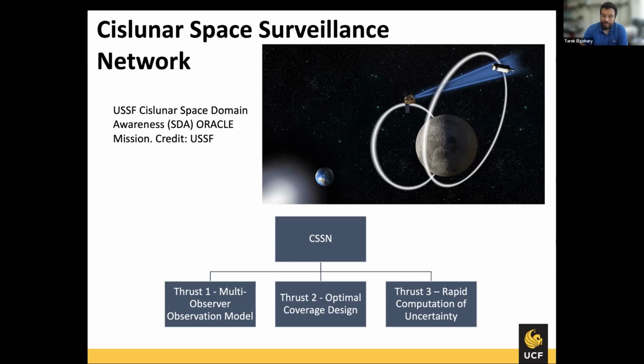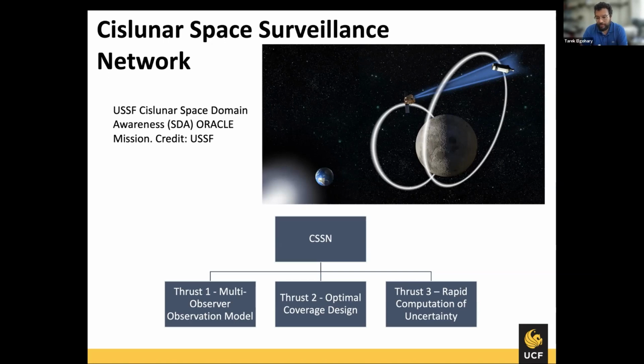Another issue is that the space is very large. We're talking about thousands of times larger than the space between Earth and the furthest orbit from Earth, which is the geosynchronous or geostationary orbit. So the magnitude and the volume of space is quite large. It's also of interest to various players, governments.